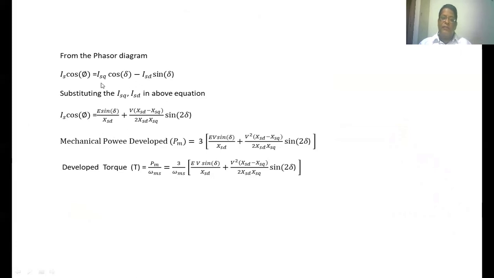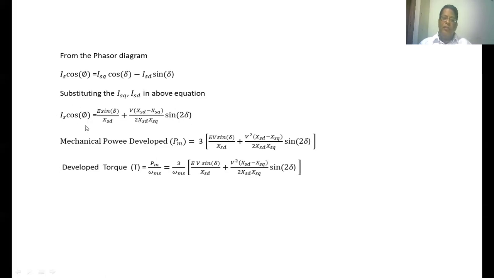Already we derived the expressions for ISQ and ISD. We substitute those two values here. If we simplify, we get IS cos psi equal to E sin delta by XSD plus V square into XSD minus XSQ divided by 2 XSD XSQ into sin 2 delta.